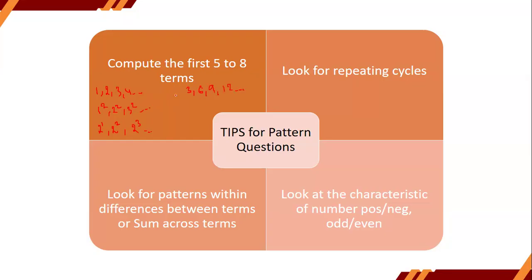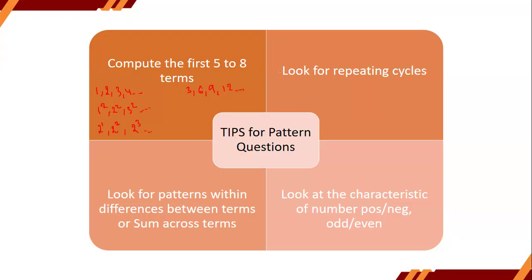So compute the first 5 to 8 terms and try to figure out the pattern, because most of the time on GMAT you will get the pattern in the first 4 terms only. If you do not find it, try to calculate further, right? But of course, you will find it maybe in the sixth term, or maybe less than that, right? Okay.